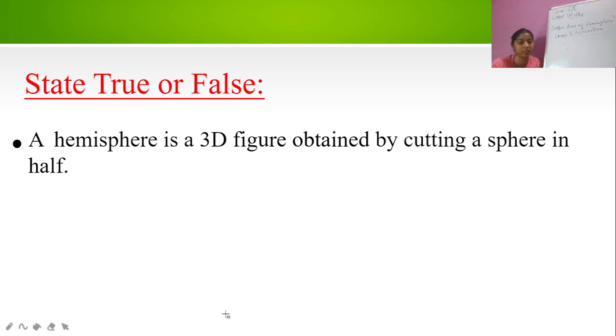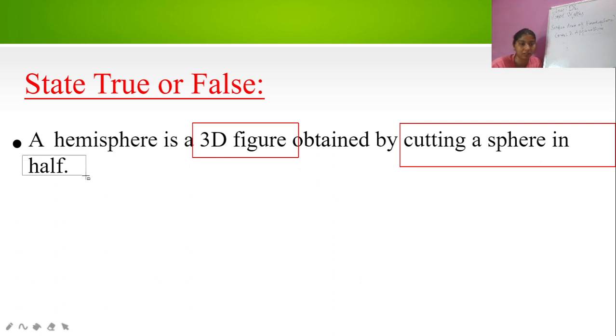Very good. It is a three-dimensional figure and it is obtained when you cut the sphere into half, right? So this is a true statement.